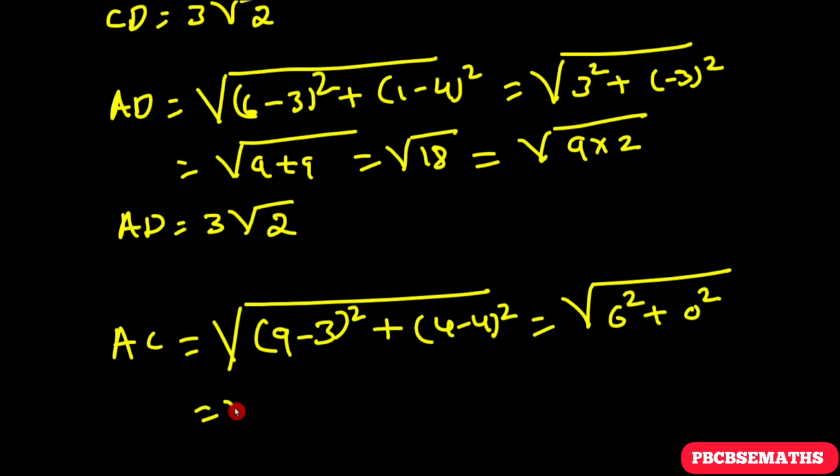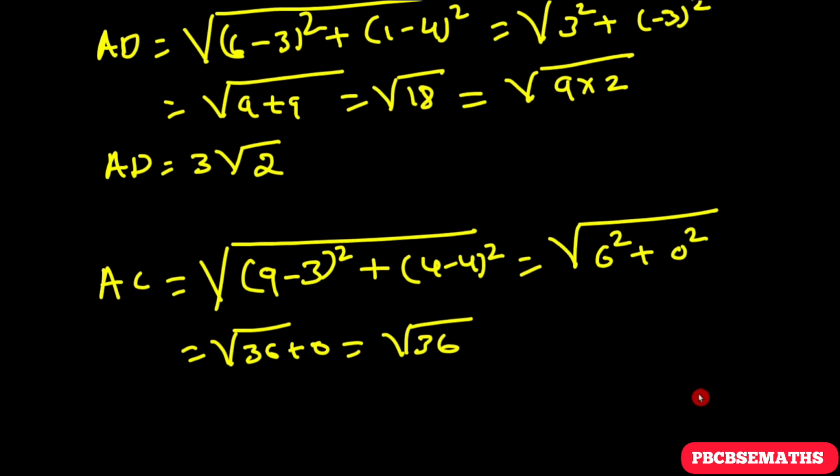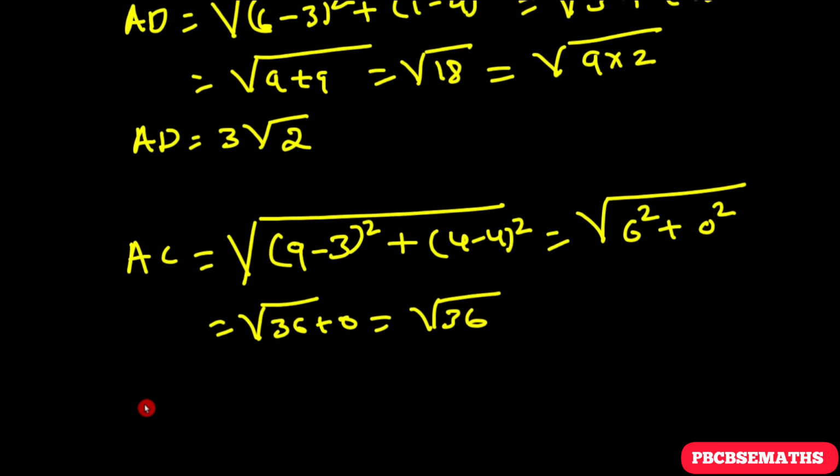So square root of 36 plus 0, which gives us square root of 36. Therefore, the value of AC is 6 units.